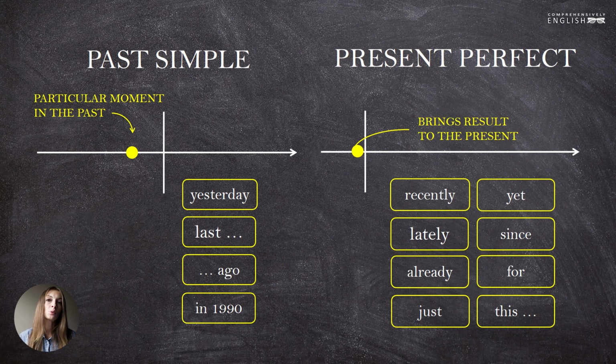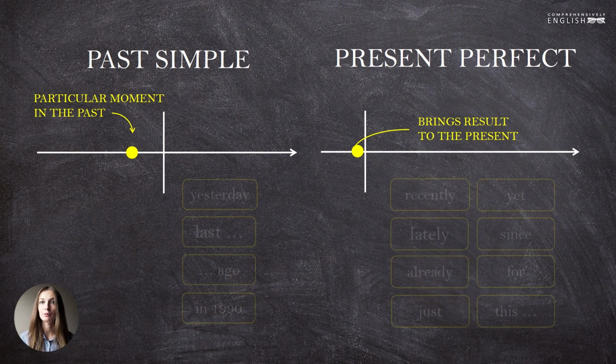And the adverbs that we use with the present perfect tense are recently, lately, already, just, yet, since, for, and this. When we speak about an unfinished day or an unfinished week, we say this day, this week, this month, this year, and so on. Let's juxtapose these two tenses using similar examples.